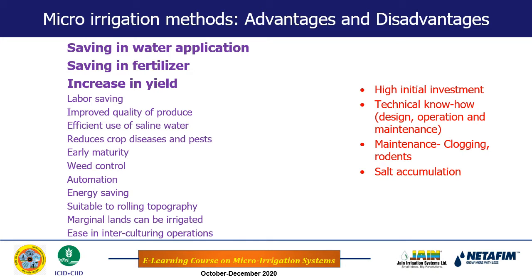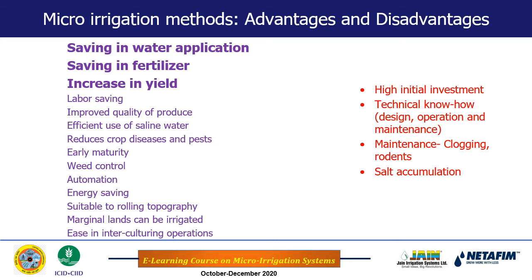The studies and experiments have shown that if we use the drip irrigation method, there is a huge saving of fertilizer, up to 25%. And with 25% saving in fertilizer, the farmer can save cost on his or her production practices as well.